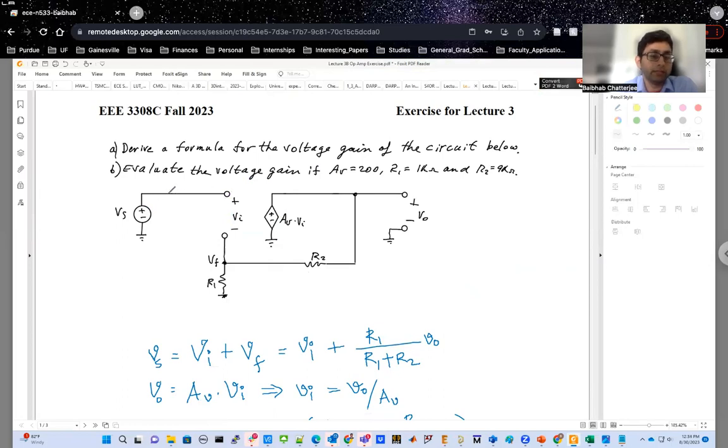VS does not have a source resistance in this case, so we are assuming an ideal source, and the input impedance of the amplifier is also infinite, so we are assuming an ideal amplifier with an output impedance equal to 0. So everything is ideal over here. But from the output side, you take this R2 resistance and R1 resistance, take a voltage division of those two, and feed it back at the negative terminal of the amplifier over here.